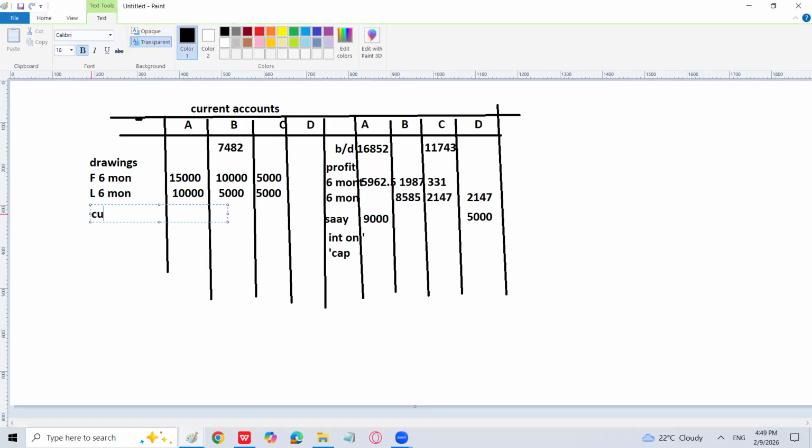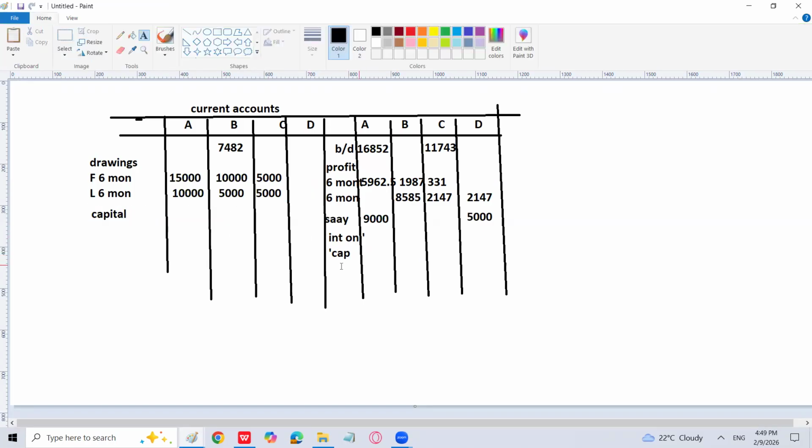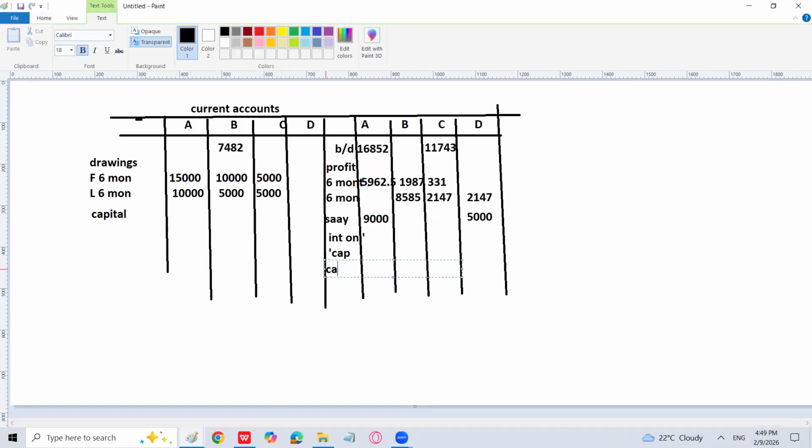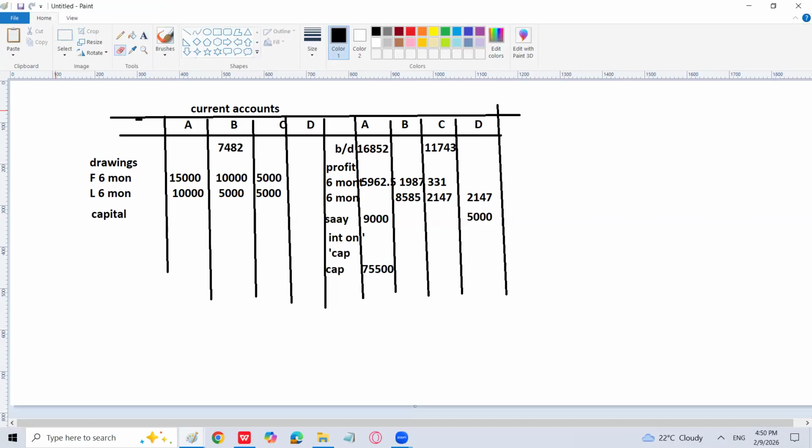Here it is very important that you have to transfer the capital account balance to the current account of LN. And it will come on the credit side because it is a positive balance of LN, which is 75,500. And the LN current account now is supposed to be closed with the name bank.